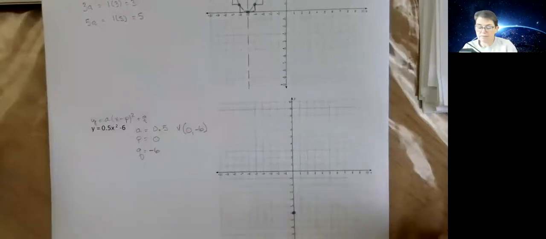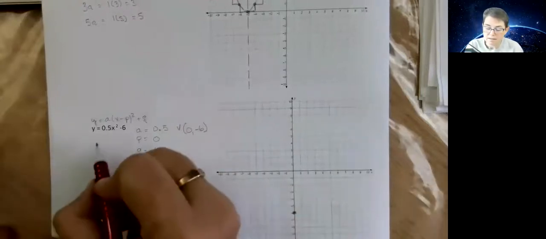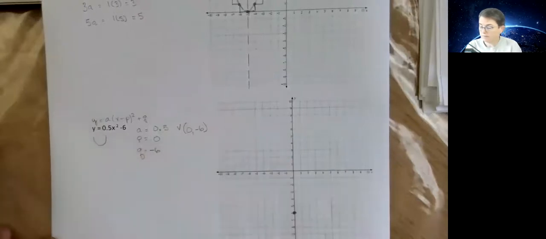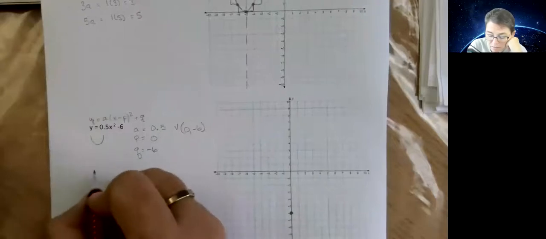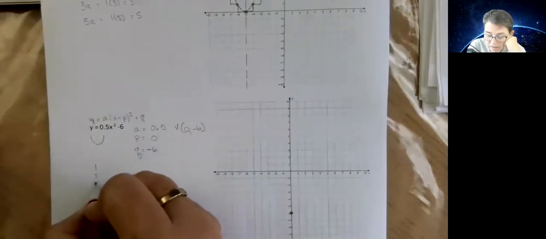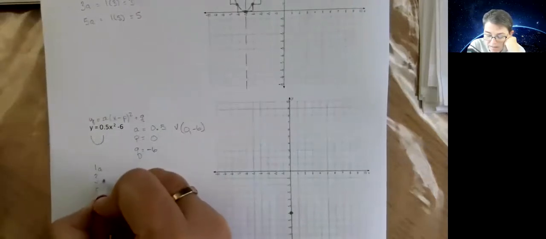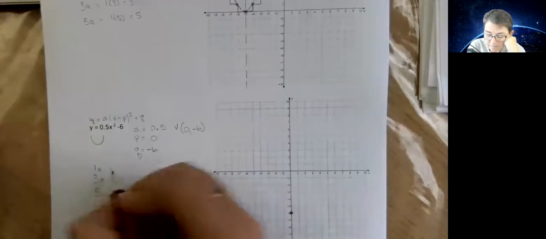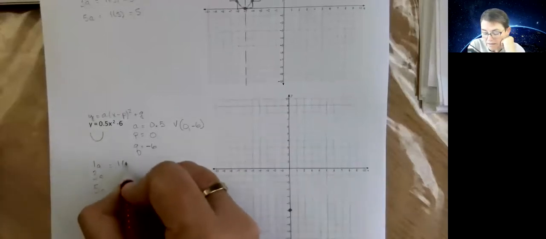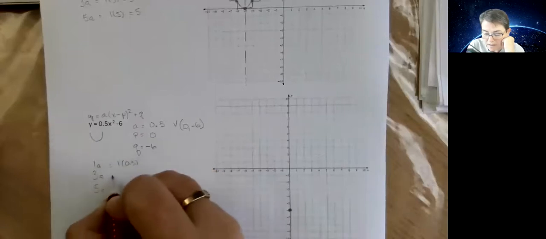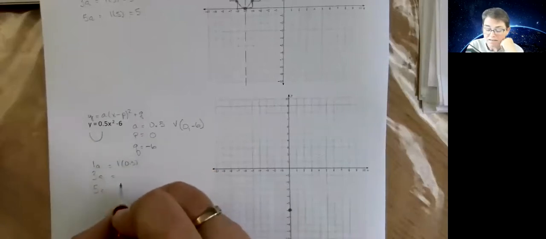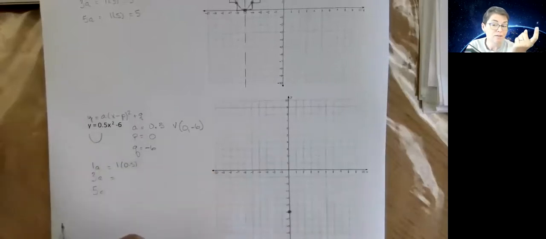Oh, I forgot. Okay. And we need our numbers. 1, 3, 5. So it's 1 times 0.5. And it's okay. A doesn't always have to be a whole number. It makes our life easier, but it doesn't have to be.